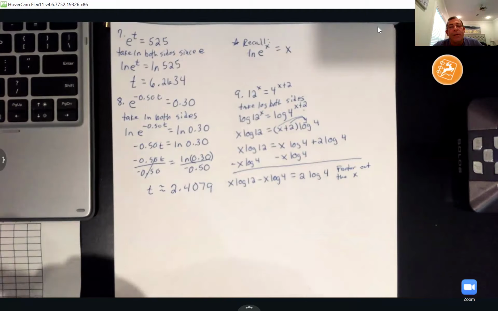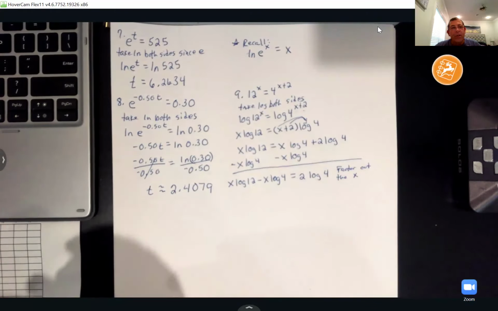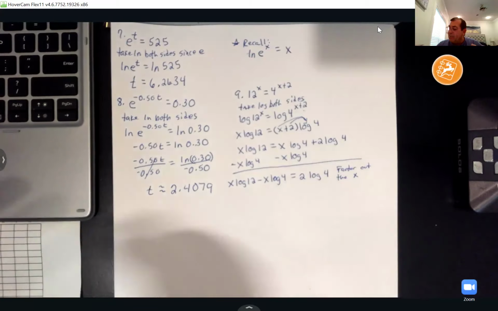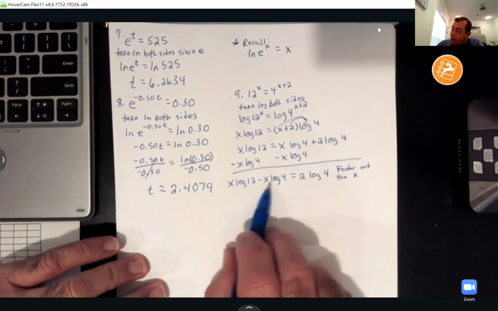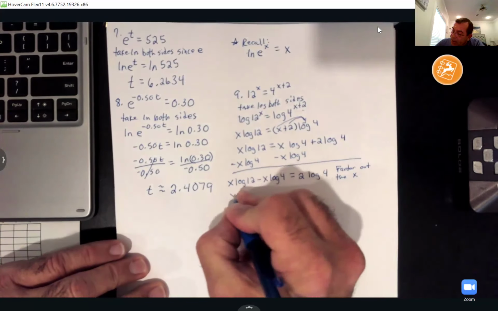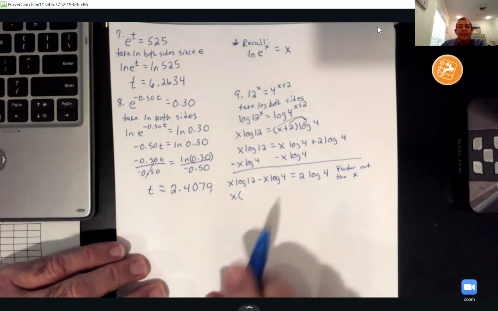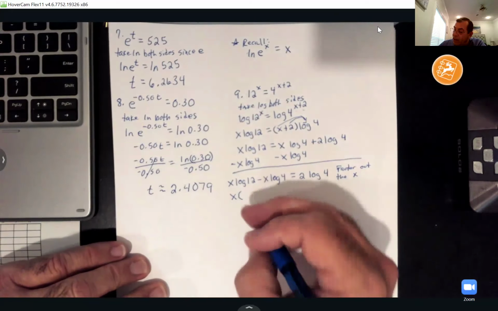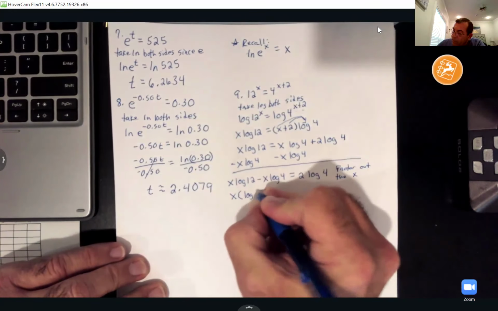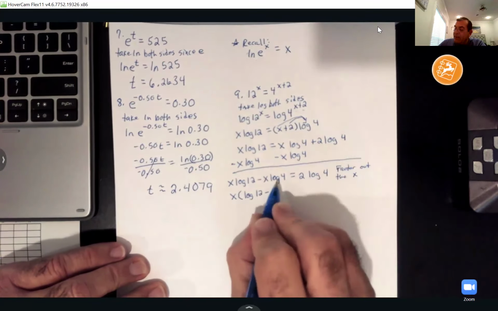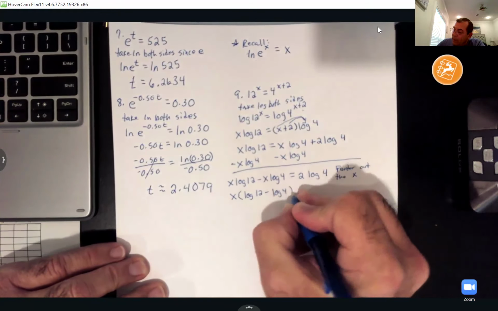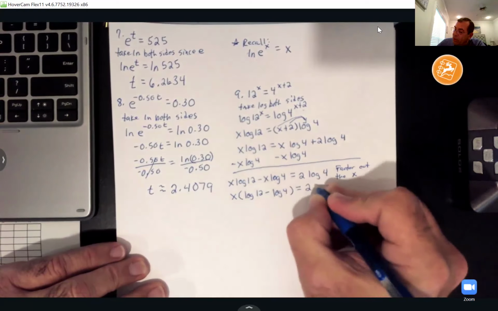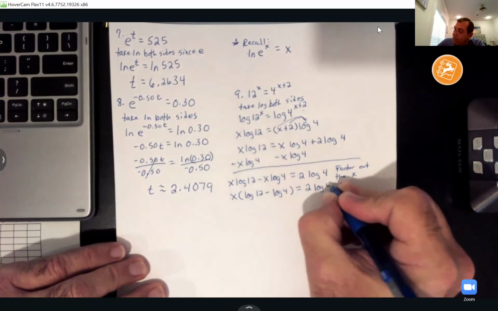Y'all remember, if you got x's in two terms and they're not like terms, the only way to make that a single x is by factoring out the x, okay? Because look here, I'm going to factor out the x. In parentheses, that's going to leave me a log 12 minus the log 4. All that's equal to the 2 log 4.